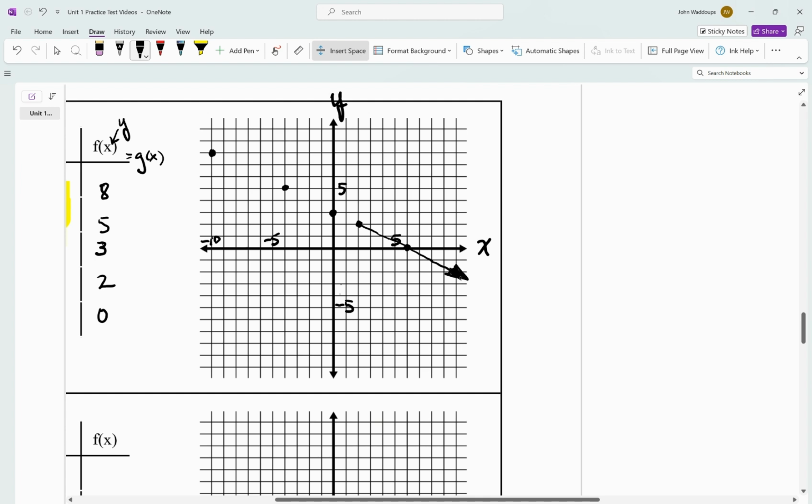We show an arrow to show that it continues off even beyond the graph. And then this goes up here in the other direction, and again it continues in that direction. And so that's what the graph of this looks like.